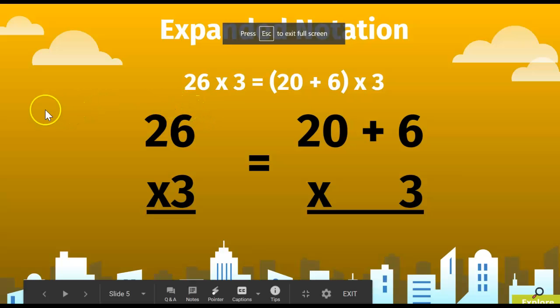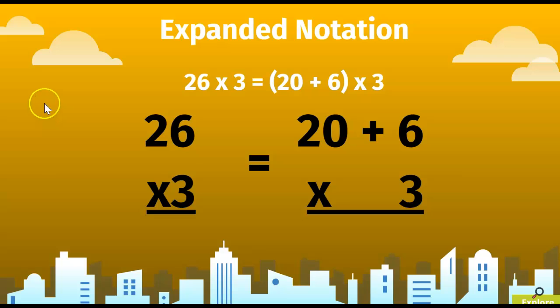This is the same as page number 11 in your math binder, and it goes over the different steps to make the expanded notation. We start out with 26 times 3, or we could say 3 times 26.